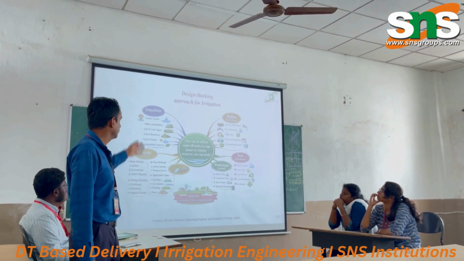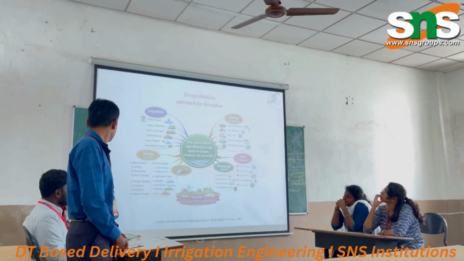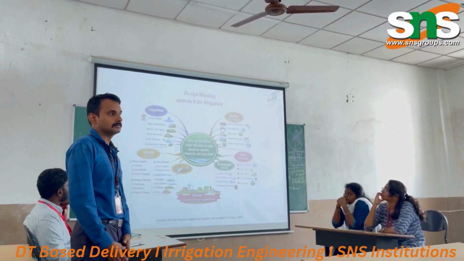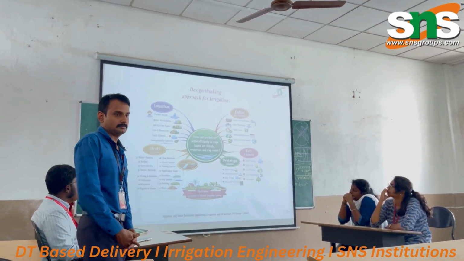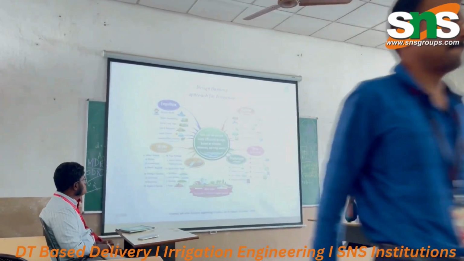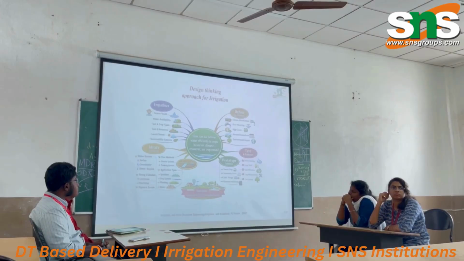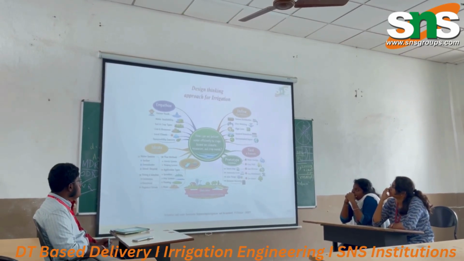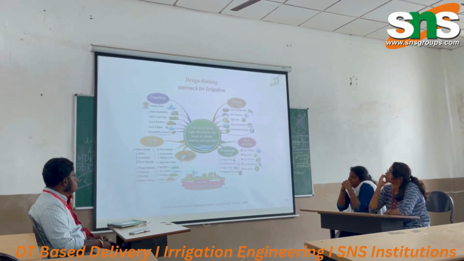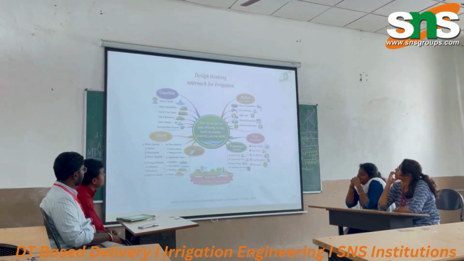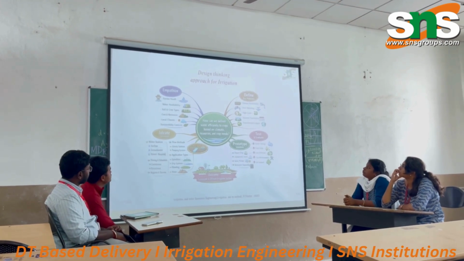Deva will explain the design thinking approach we have applied for this topic. In the design thinking approach, there are 5 stages. First stage is empathy, then define, ideate, prototype and testing. In the empathy stage, there are farmer needs like water availability, soil and crop type, cost, local climate. Next, define: water waste, overwatering, and so on.